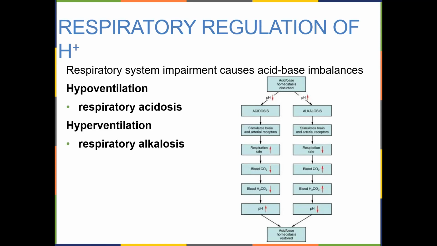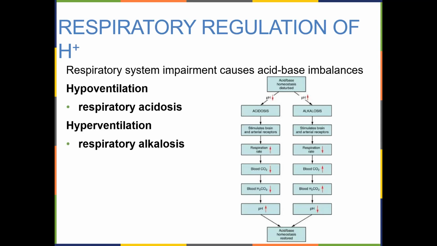Normal breathing rate is 15 times a minute. What if we get down to 4 or 5 or even 10 times a minute? With the slower rate, you're not going to be getting rid of as much CO2 as you should, and so we're going to become more and more acidic because we're not getting rid of it. That's why we call it respiratory acidosis.